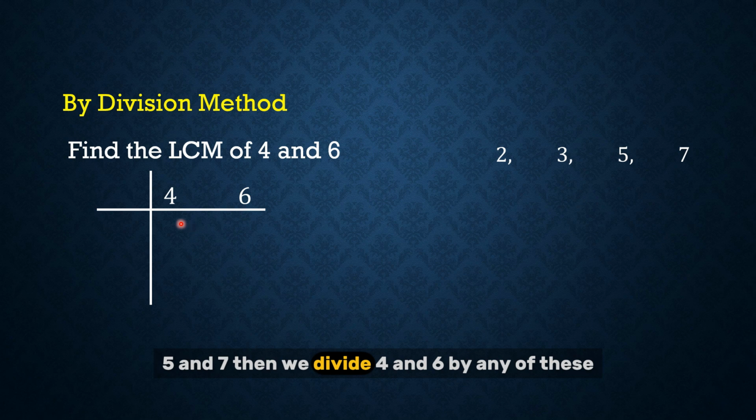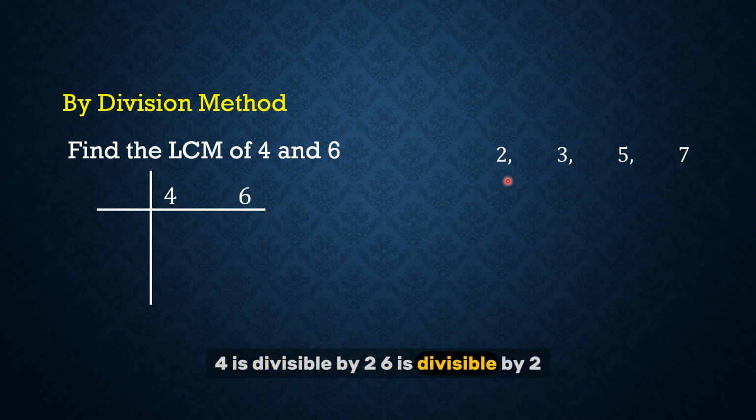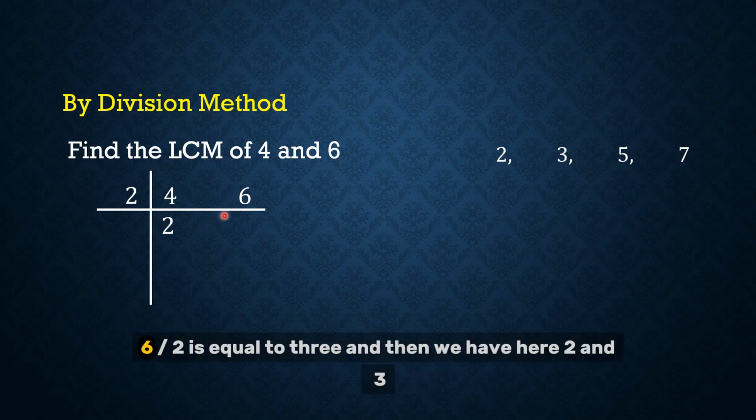Then we divide 4 and 6 by any of these. 4 is divisible by 2, 6 is divisible by 2, so we divide each of them by 2. 4 divided by 2 is equal to 2. 6 divided by 2 is equal to 3. And then we have here 2 and 3.